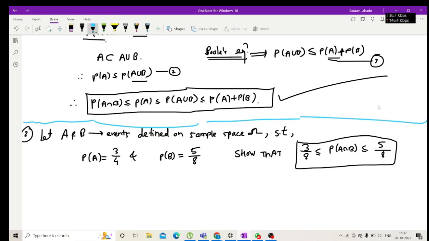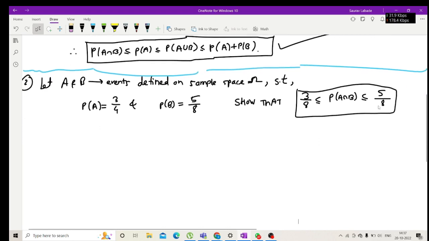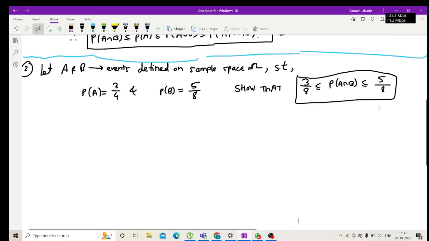Now here you have to go step by step. First understand, you already know that the intersection is a subset of these.